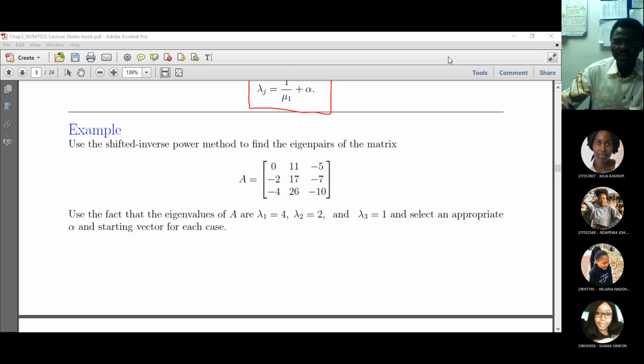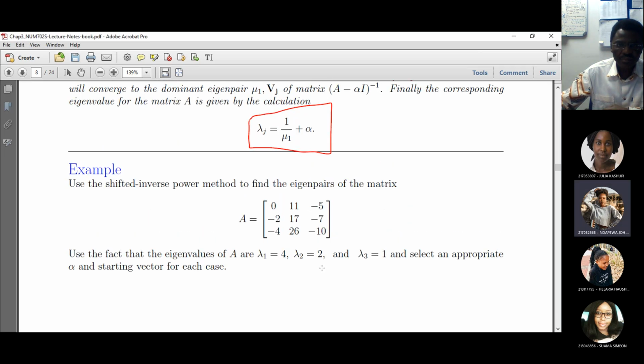Okay, so what was your concern? Yes, Jonas, what was your concern? I'm saying, sir, can we not do the examples we got last time we had class, before we do this one of the shifted inverse?